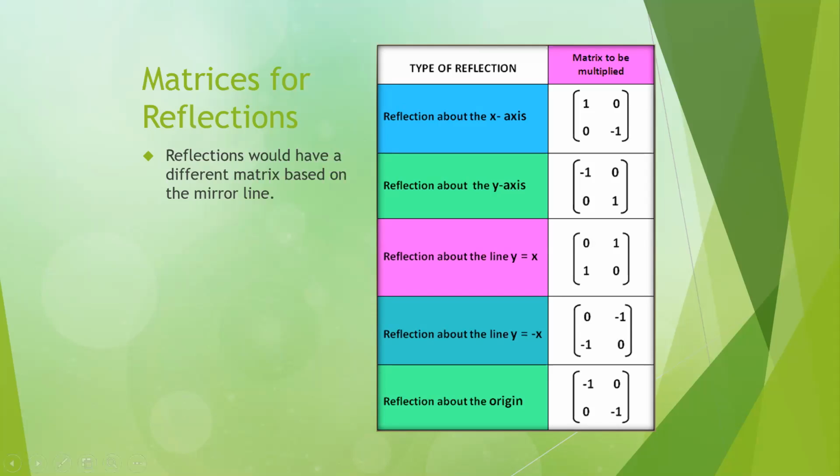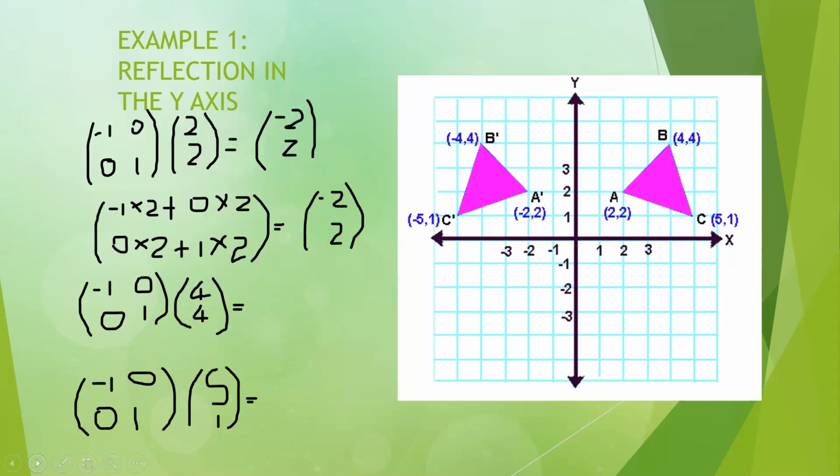So, example 1. We have this reflection occurring here. It's done for you already, but we are analyzing it so we can understand fully what's going on. So you have the point (2, 2), and you want to get what your image is, which is A prime.